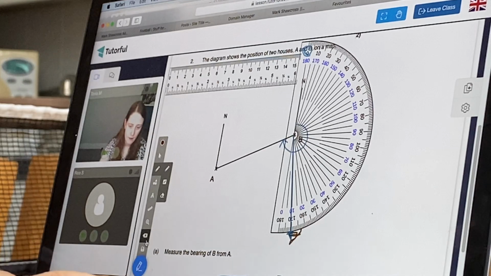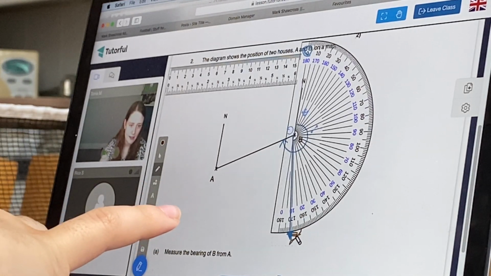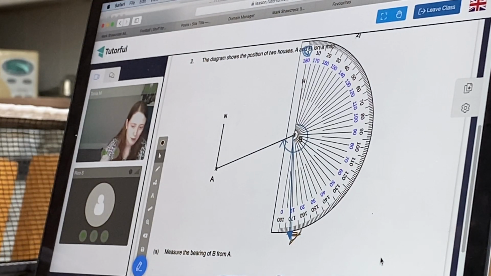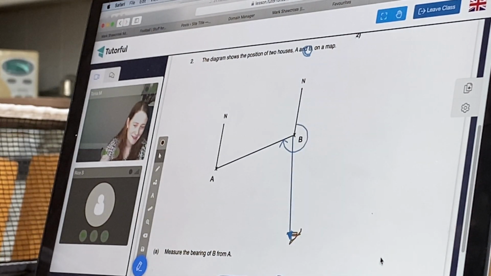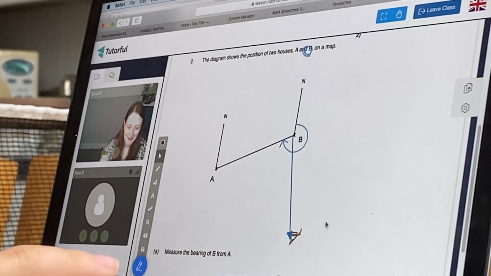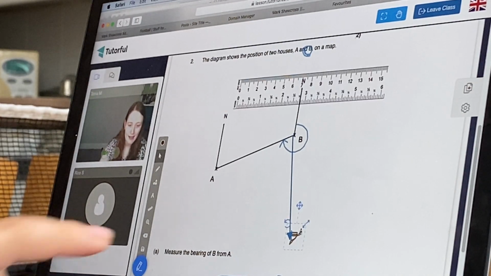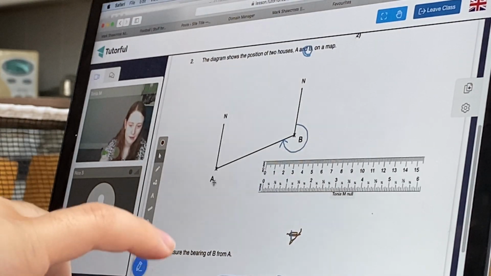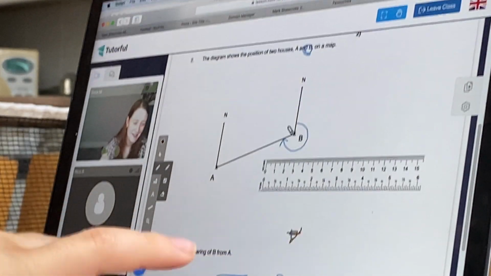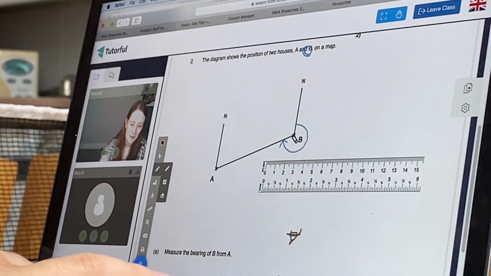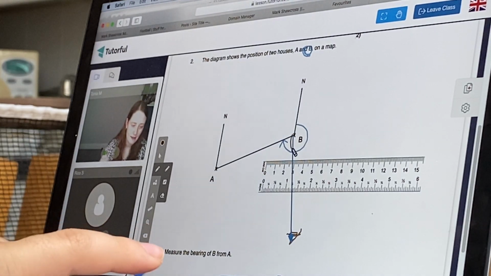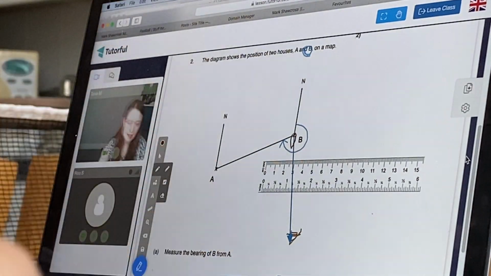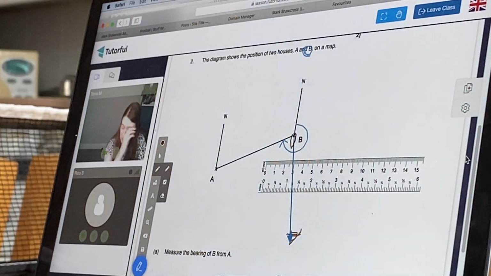And then use the ruler. It tells us that C is 5 centimetres away from B. Oh no, don't use the line. So that's the direction we need it in. Can you measure out 5 centimetres from B and then work out where C is?